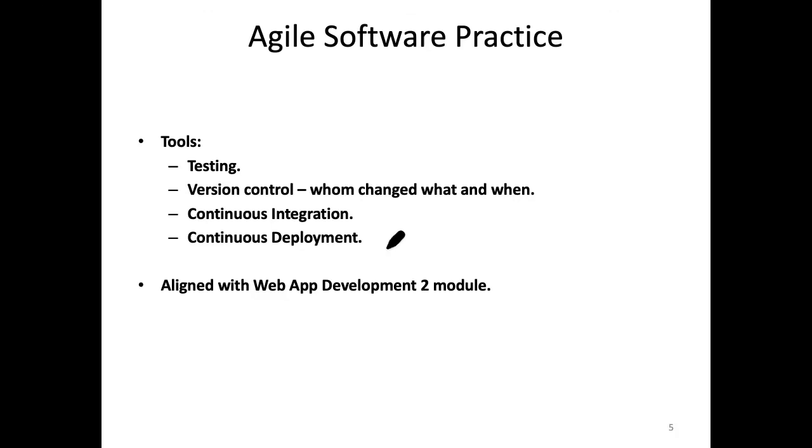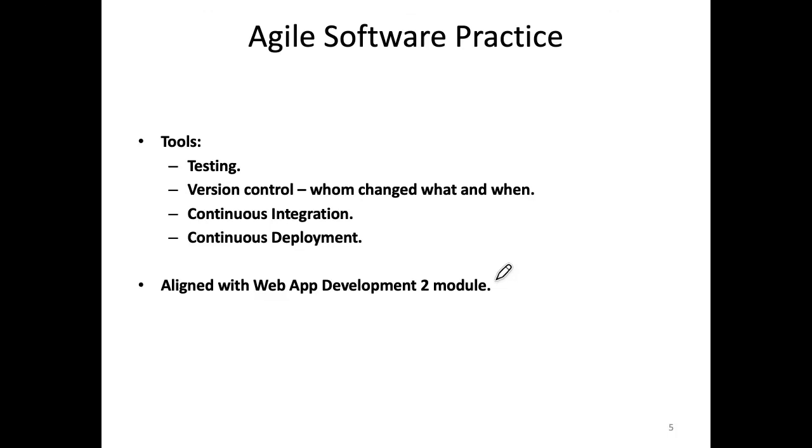And because Agile software practices are always in the context of some sort of software development project, we align what goes on in the Agile software practice module with the work that you will be doing in the web app development 2 module.